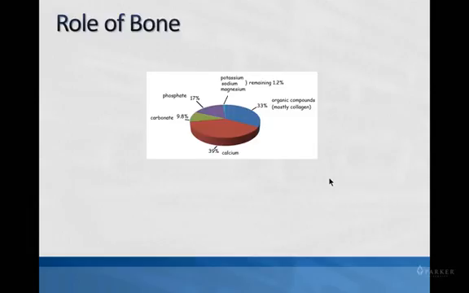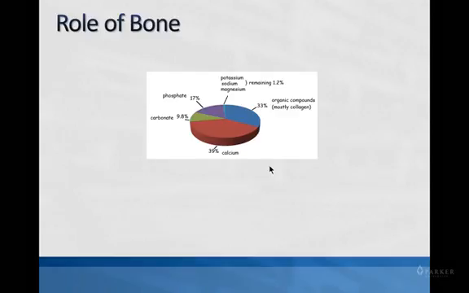Now bone, since we did mention bone, I do have to talk about how important bone is in calcium maintenance. This little pie graph shows you the distribution of various ions within the bone, and also organic compounds. You have the organic compounds, mostly collagen, then you've got the inorganic components of bone.